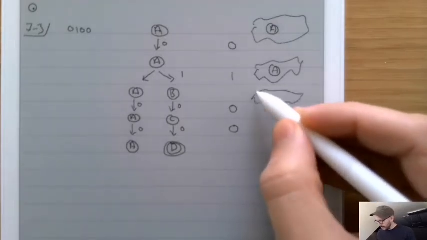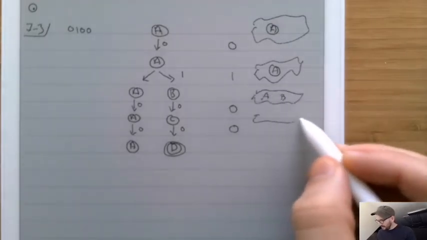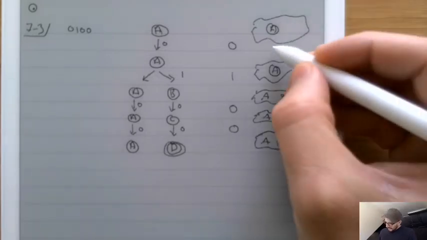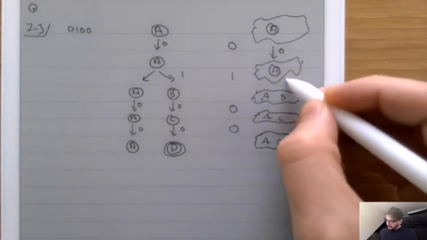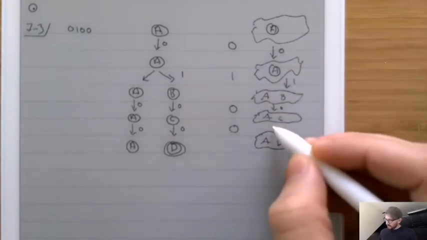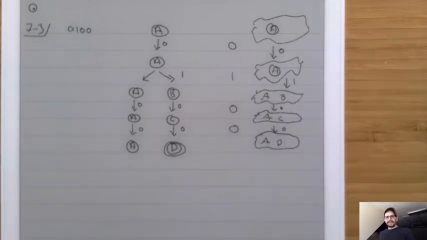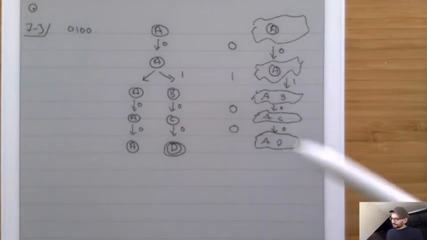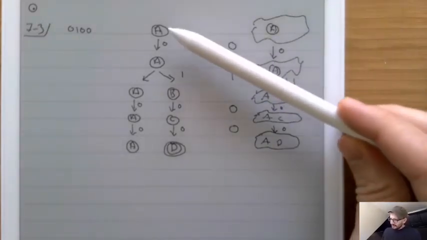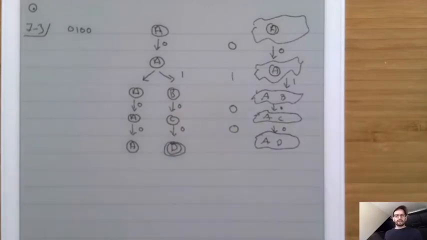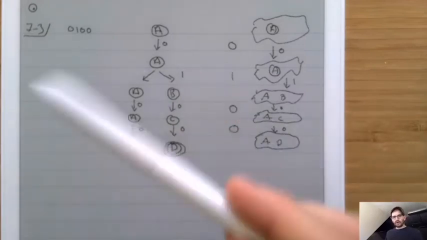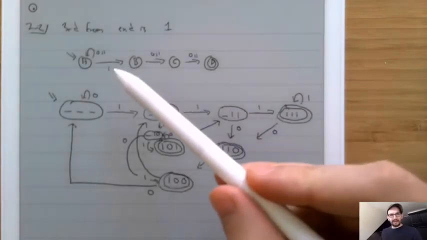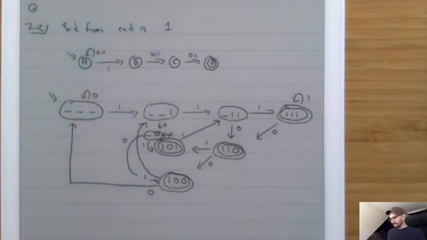So here inside of this cloud would be AB, over here AC, and over here AD. And here we would do a transition on 0, a transition on 1, a transition on 0, a transition on 0. The idea here is that this cloud machine is representing the boundary of the trace tree, whatever the trace tree could have been doing. Okay, so let's take this example right here and make that explicit.